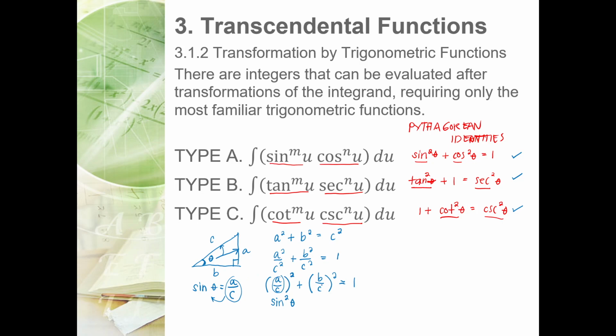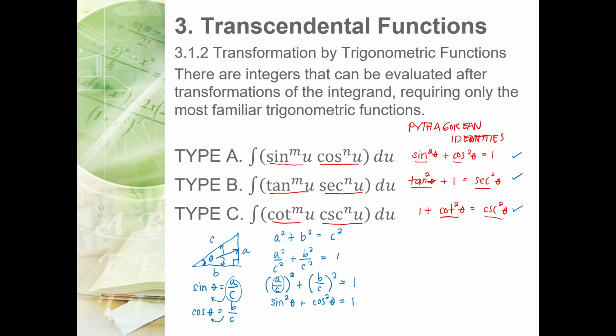Next is B over C, the adjacent side over the hypotenuse, so cosine theta is equal to B over C. So we can replace this with cosine squared theta is equal to 1. That's the first formula.